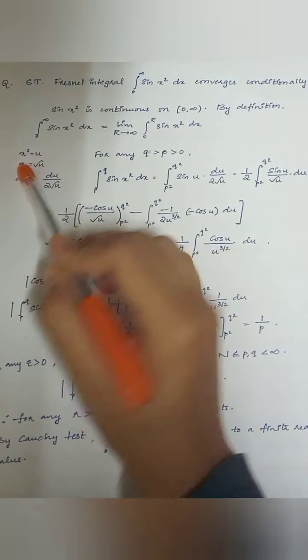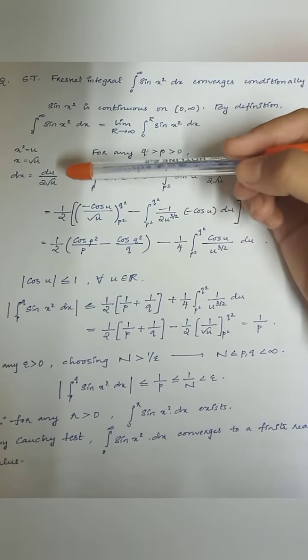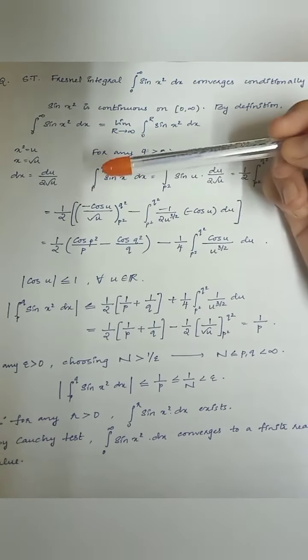Now let x² = u, so x = √u, then dx = du/(2√u).